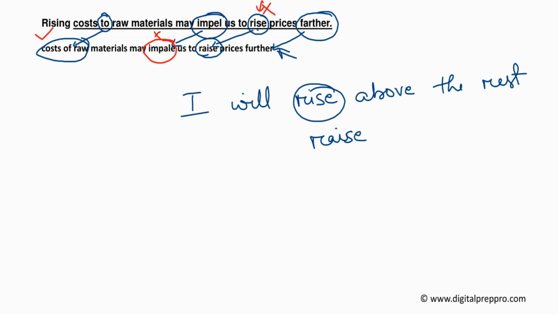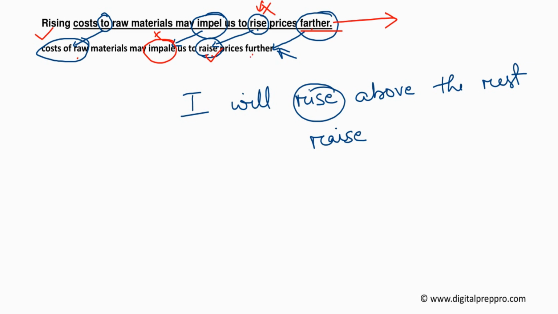So cost of raw materials is correct, raise is correct, and of course farther, you can also guess it. Farther means you can throw a ball farther, but prices can be raised further, meaning it has been raised and again it is being raised again. So farther will change to further.